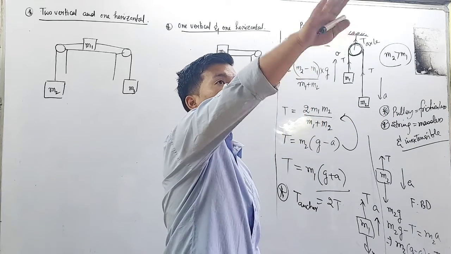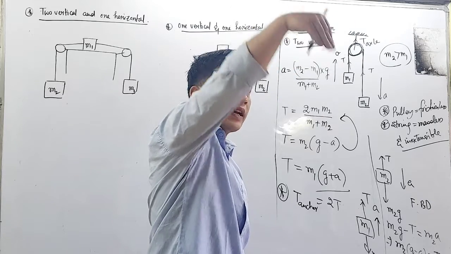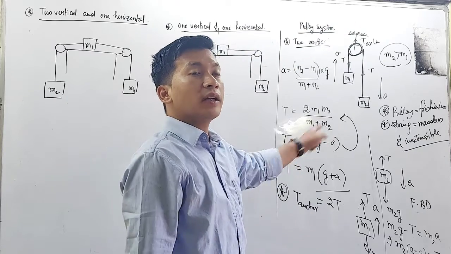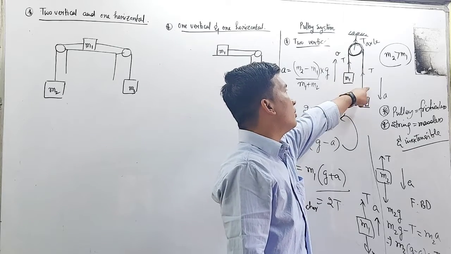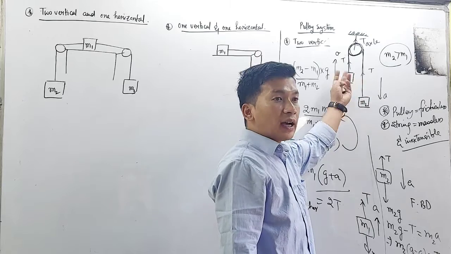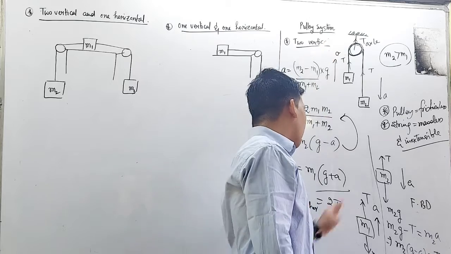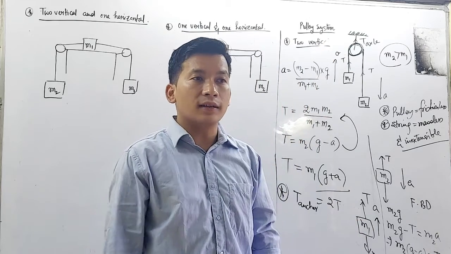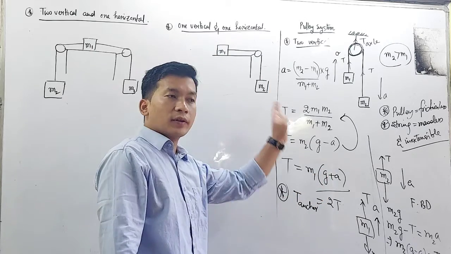The anchor will hold the entire weight of this system, M1 and M2, with respective tensions T on either side. So the tension on the anchor will be 2 times the tension on either side of the pulley. Understood? Clear.